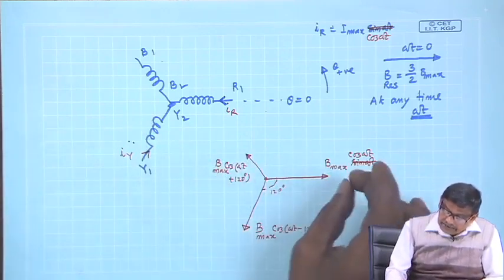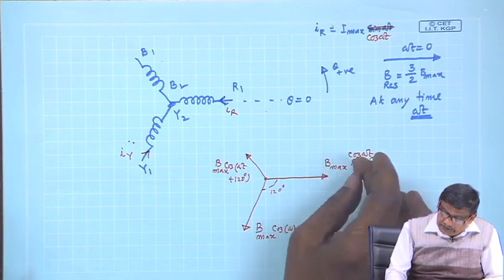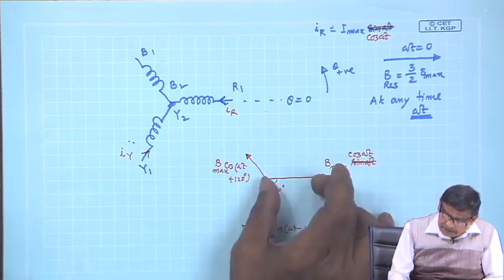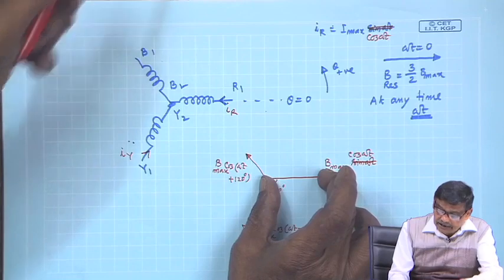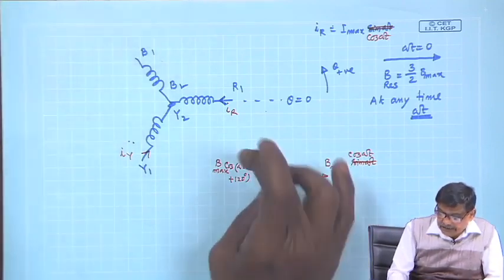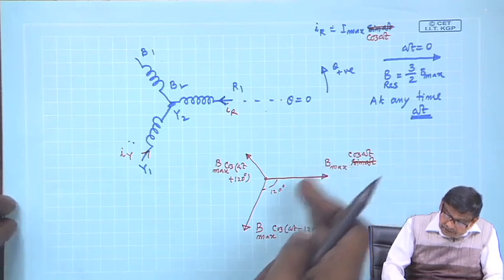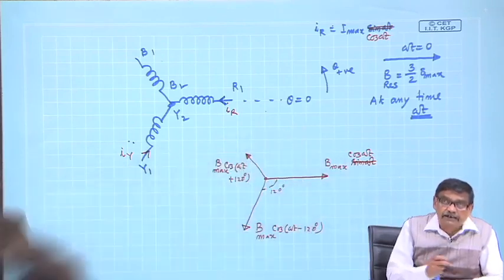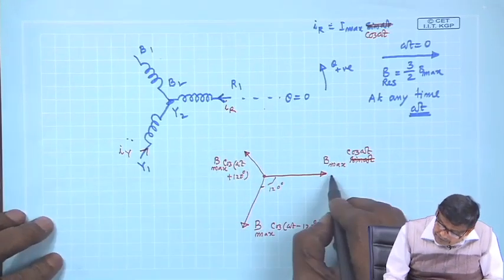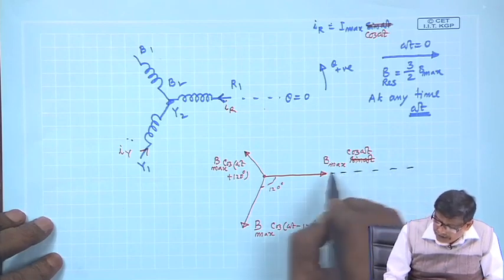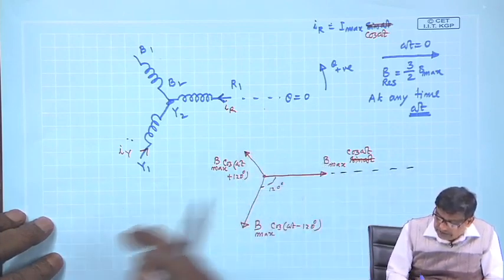So, at any instant omega t, once you fix omega t, this is a constant length, that is what we found earlier. Now, to find the resultant of these 3 space vectors, let us see how to find this resultant of these 3.